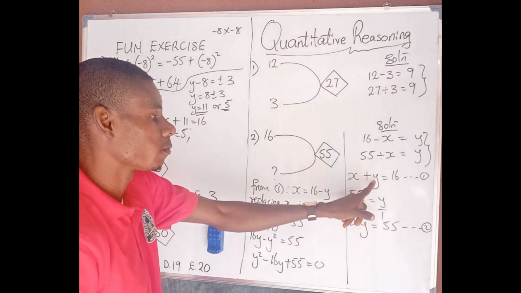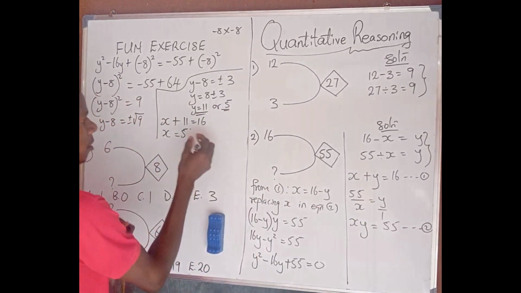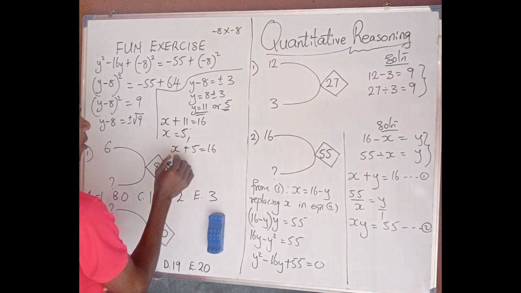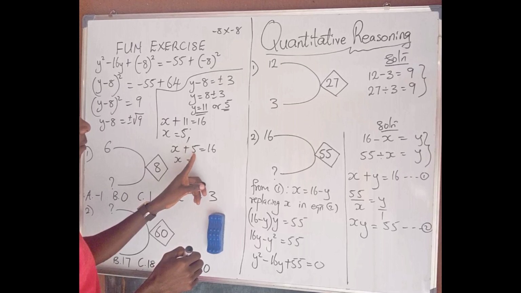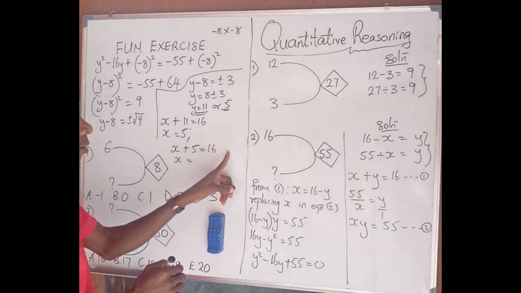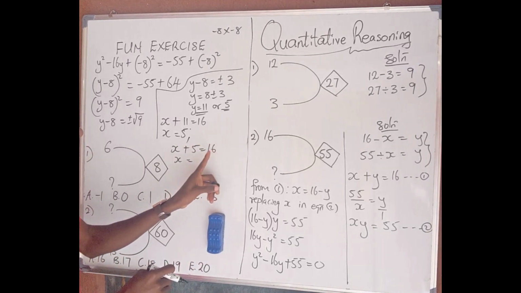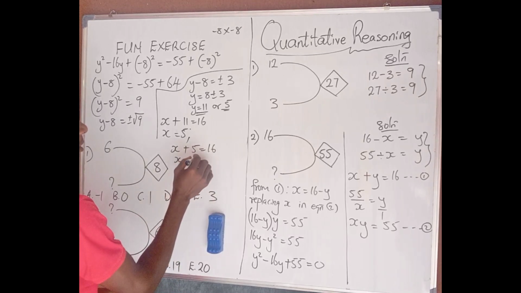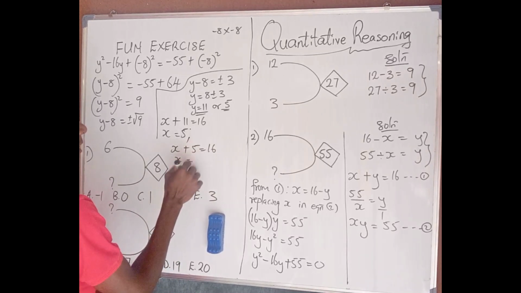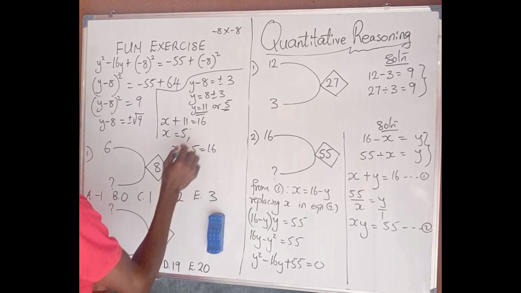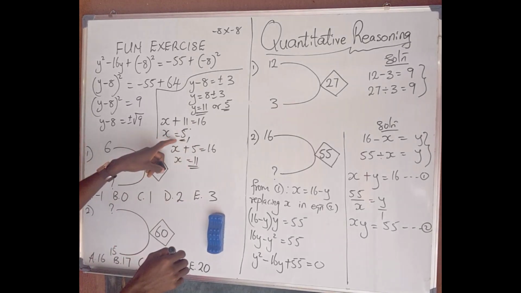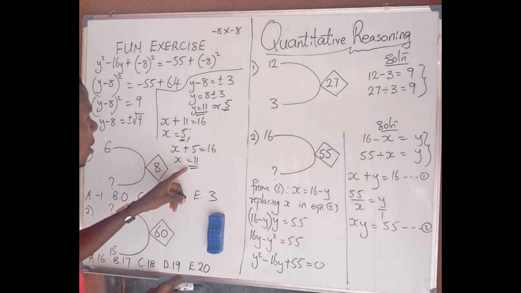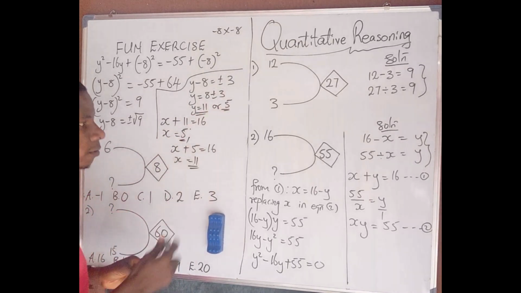If I put 5 here, I will have x plus 5 equals 16. So x will be equal to 16 minus 5, which gives us positive 11. So when x is 5, y is 11, and when x is 11, y is 5.